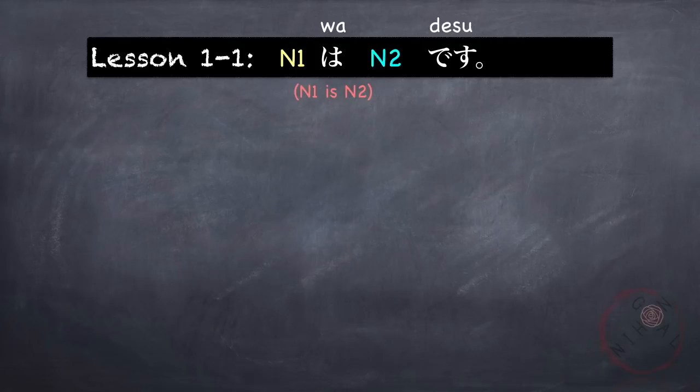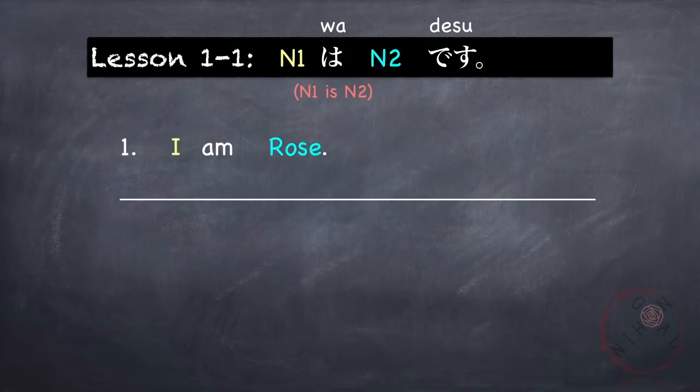So let's take a look at some examples. I am Rose. Of course, the first thing you would say aside from greeting is introducing yourself. So how do you introduce yourself? I am, and then your name. If you checked out the vocabulary list for this lesson, you would know that I is watashi.